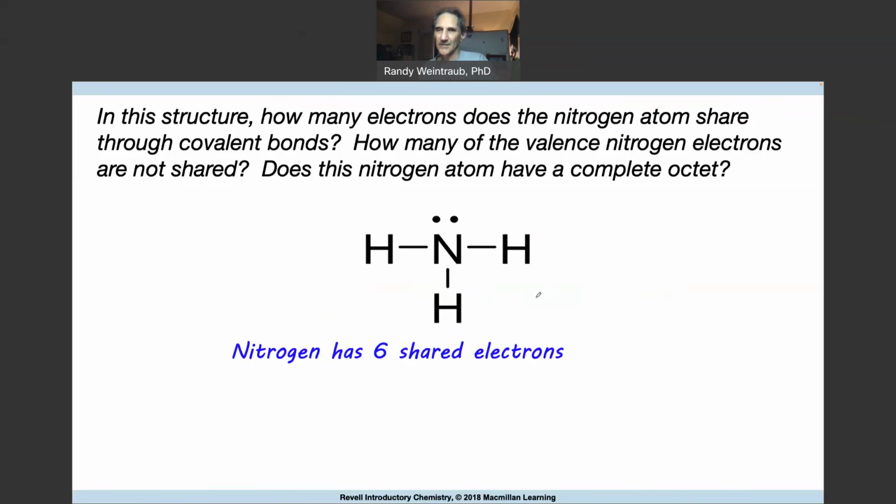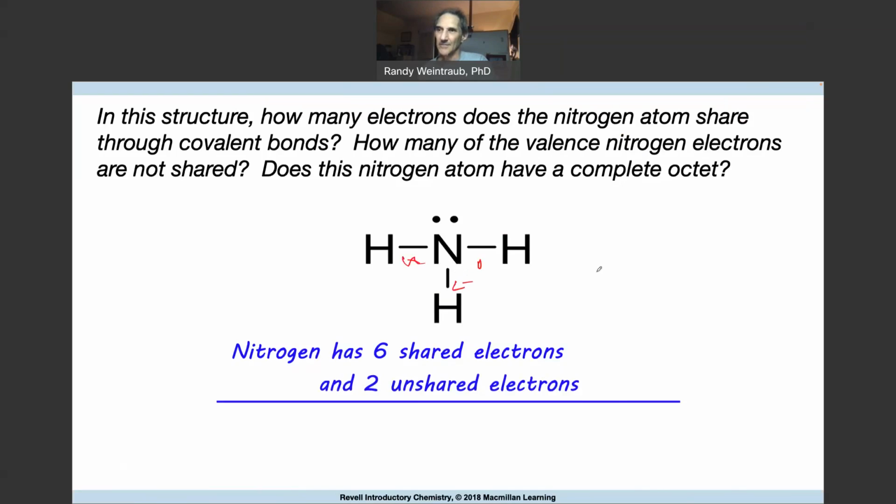We can see from the structure that nitrogen forms 3 covalent bonds to hydrogen, because each dash is 2 electrons. It has 6 shared and 2 unshared. Combining them, it does have its complete octet of 8.